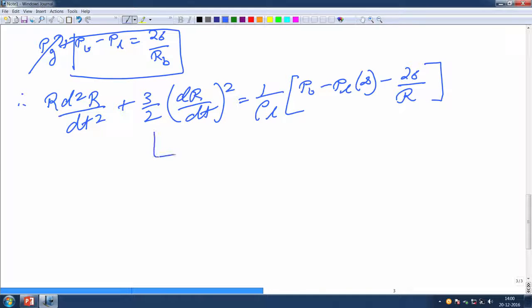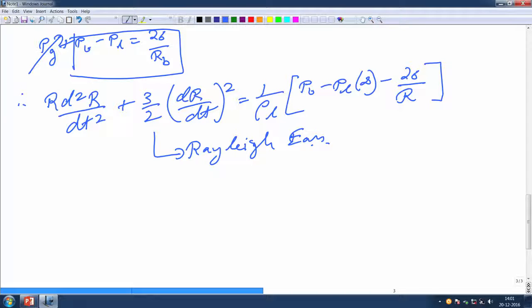This equation is called the Rayleigh equation. You can see that this is the growth of a bubble inside a superheated liquid, and this is the general form of the equation that you get.